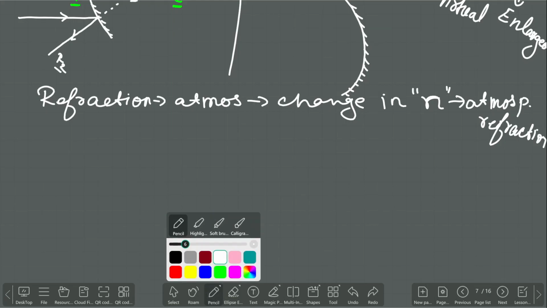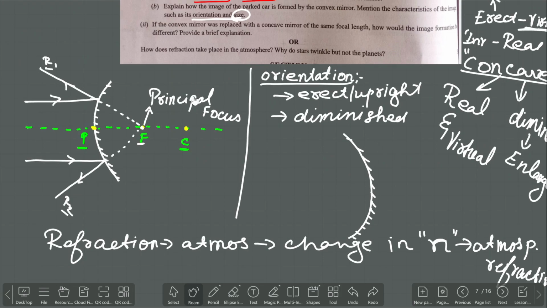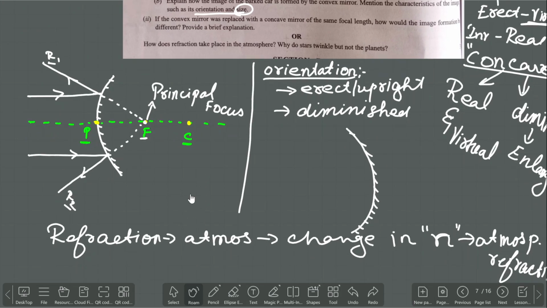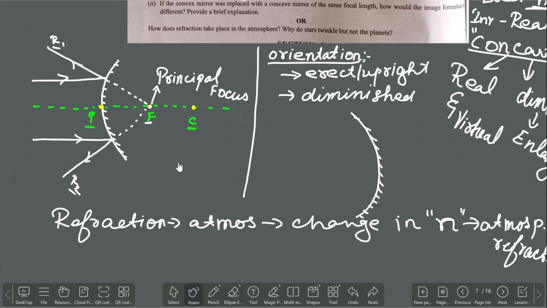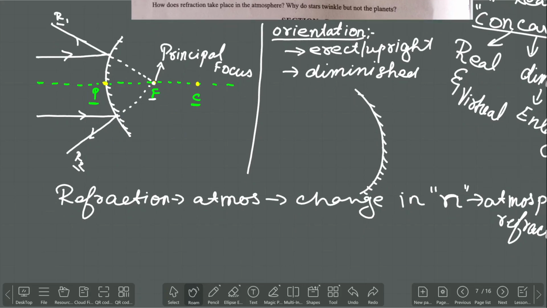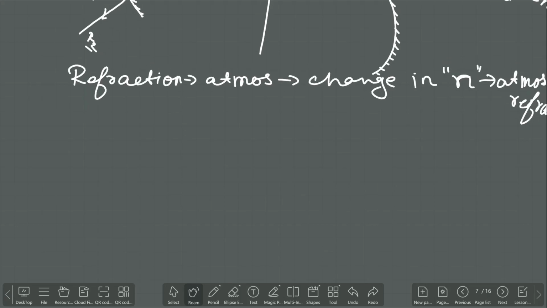And the second question they are asking: why do stars twinkle but planets do not? So first let us say why the stars are twinkling.